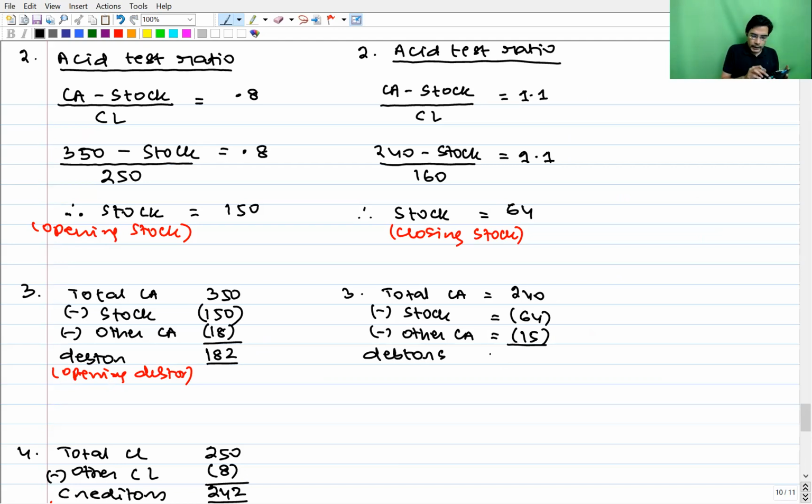So debtors will be 240 minus 64 minus 15, 161.